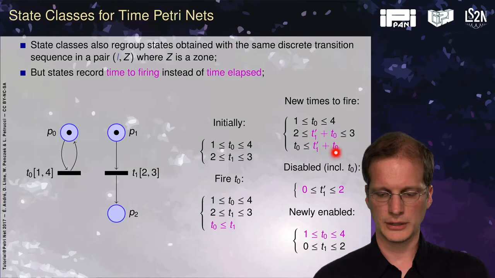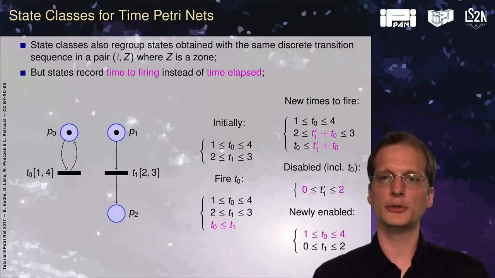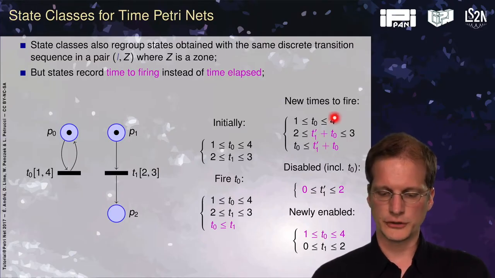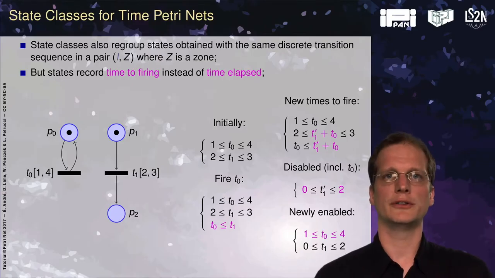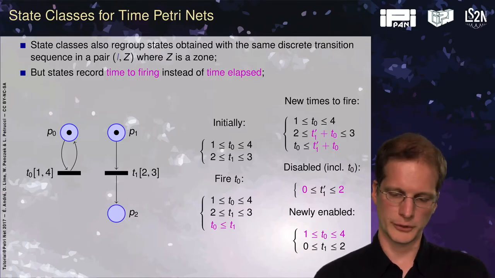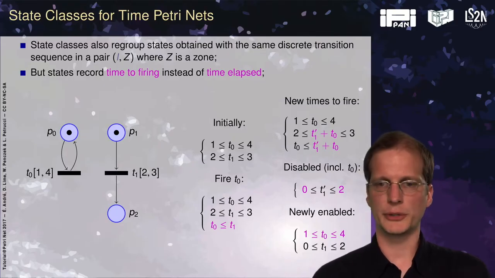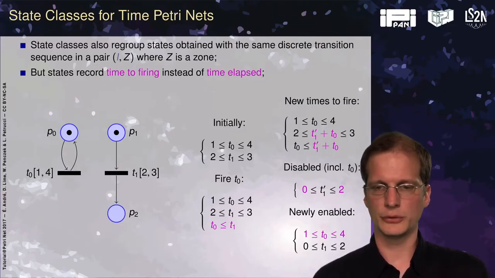So we make T0 appear here and new variables here, which are the new times to fire. And then we can just eliminate the variables which correspond to disabled transitions or to the fired transition, which is disabled. And then finally, by polyhedral operations, we can get a new symbolic constraint.